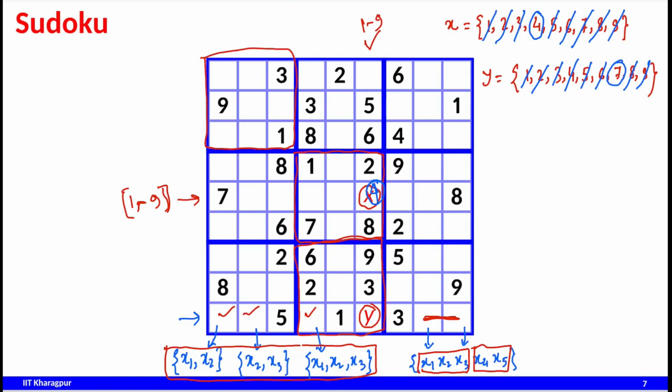So if we look into the arc consistency, we will not be able to find this out. We have to look at more than two cells to figure out such constraints. This kind of constraint makes Sudoku more challenging and interesting as well.